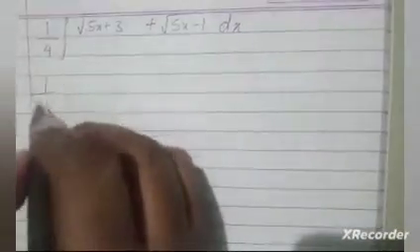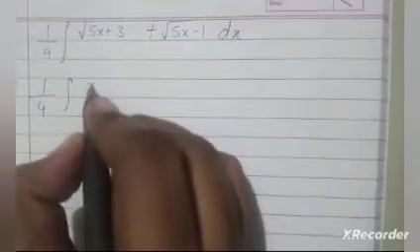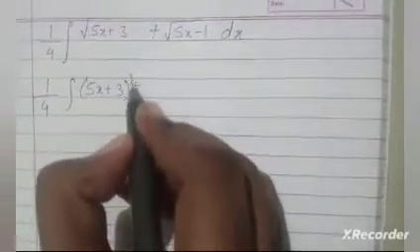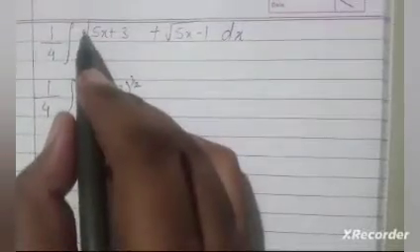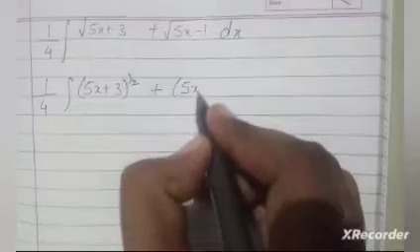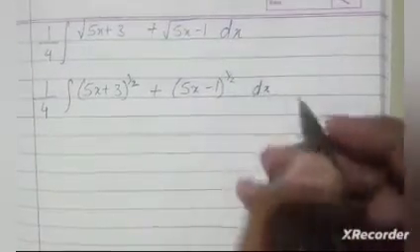Now we will take 1 by 4 integration 5x plus 3 to the power 1 by 2, because we have removed this root, same, plus 5x minus 1 raised to 1 by 2 dx.